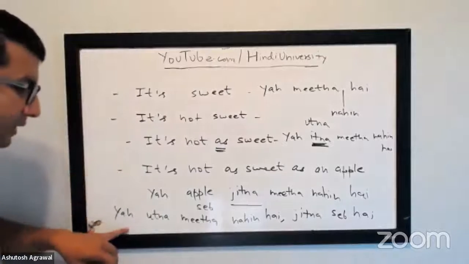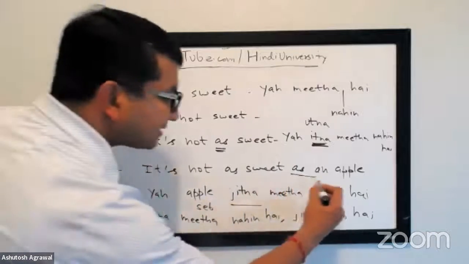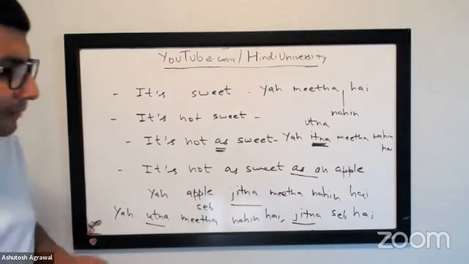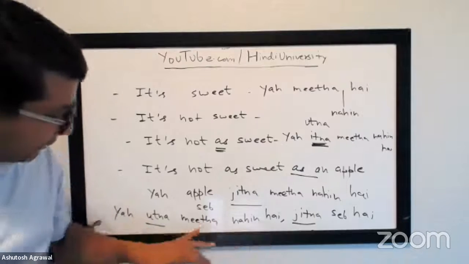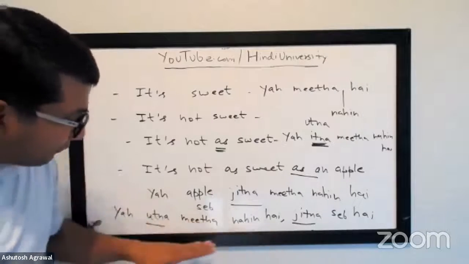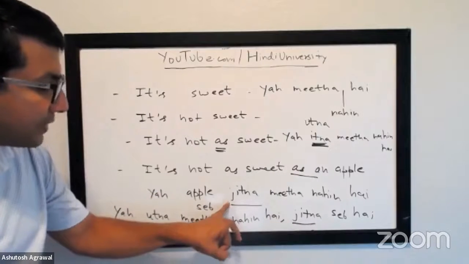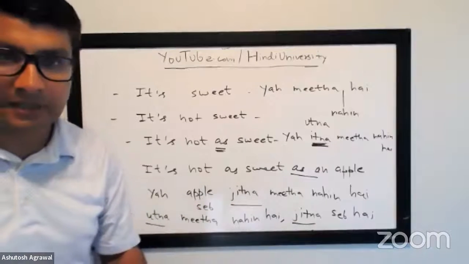It's not as sweet as an apple: यह उतना मीठा नहीं है जितना सेब है. If it is too much for you, where you end up using both utna and jitna, you can simply say what Rita ji said: यह apple जितना मीठा नहीं है.